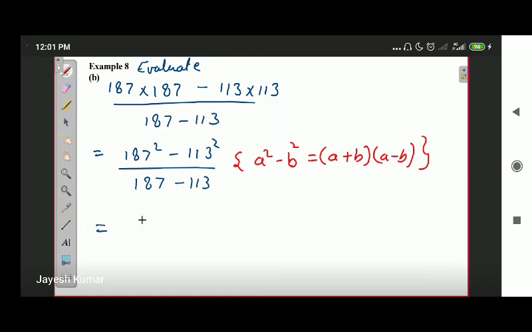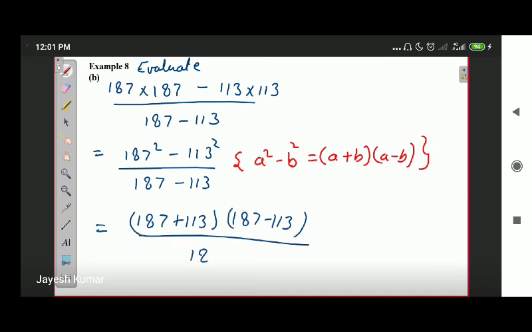So we are required its factorized form. I will write it as 187 plus 113 and 187 minus 113. I don't even need to do the subtraction. 187 minus 113 is the same in both numerator and denominator, so the brackets are cancelled out. And 187 plus 113 is 300.